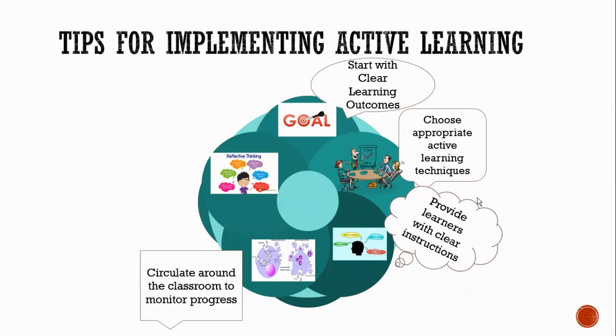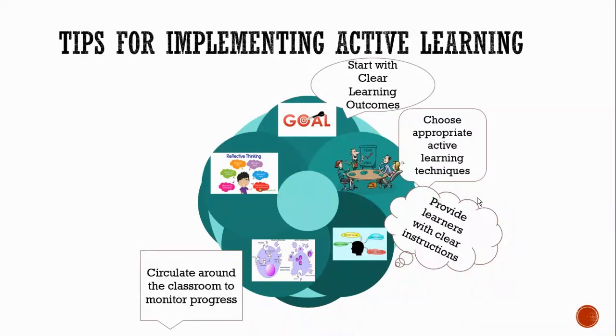Another tip is circulate around the class to monitor progress. When you give an activity to the learners, you need to monitor progress. Very, very key. And that's the best time also to monitor life skills, especially communication, working in a team, and see how they're able to solve challenges or problems.